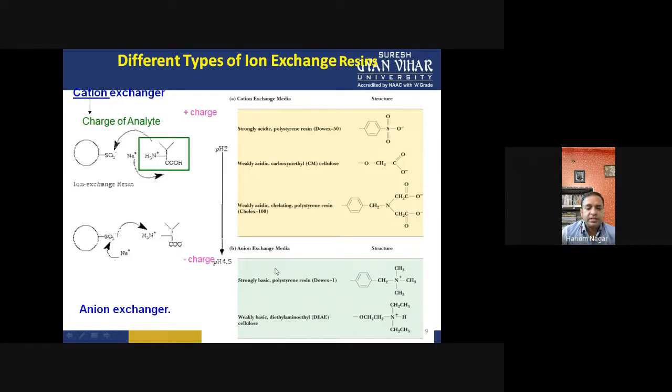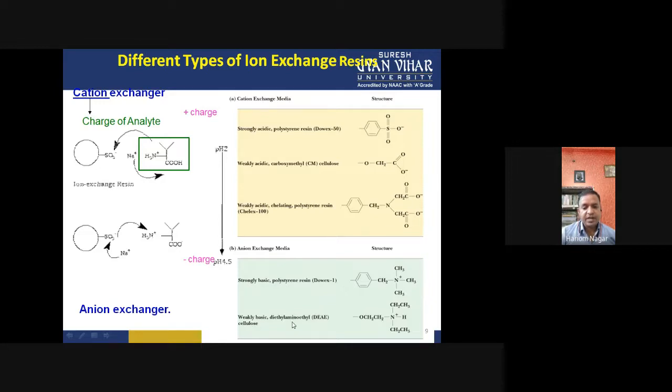And the next is anionic exchange media. So first is the strongly basic polystyrene resin, where this moiety, a quaternary ammonium salt, is present. Quaternary ammonium ion is present. Okay, and there is also interaction of the negative charge with this positive charge, and that negative charge is exchanged with the sample ion.